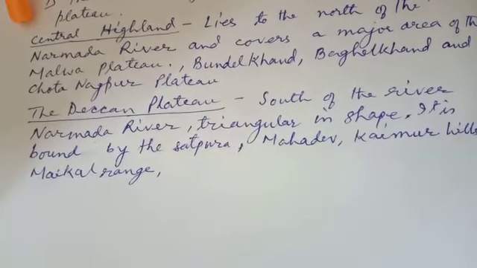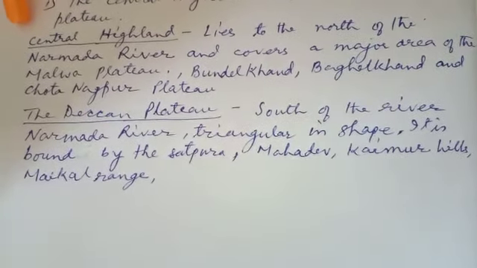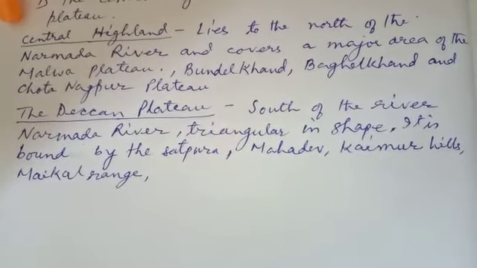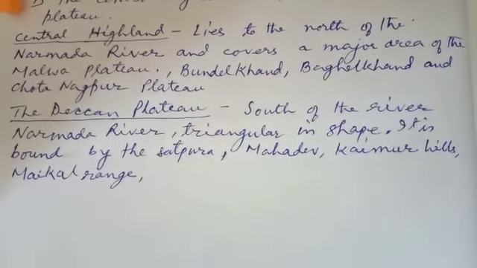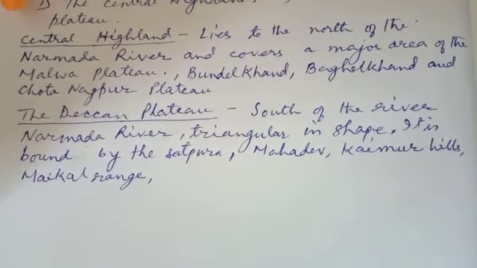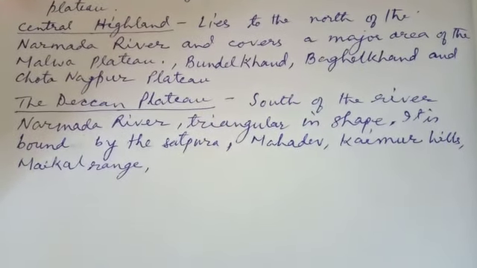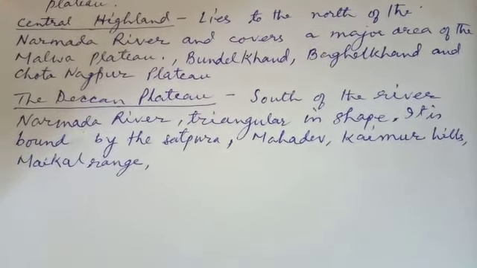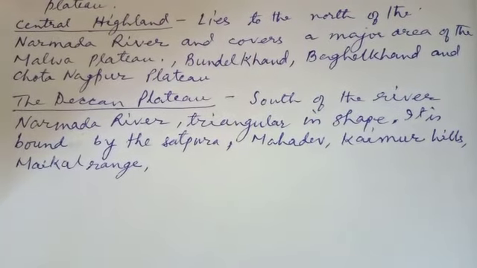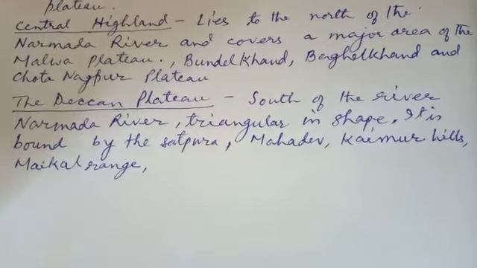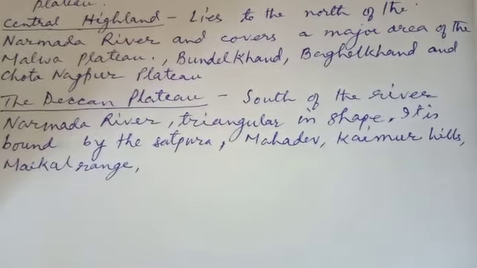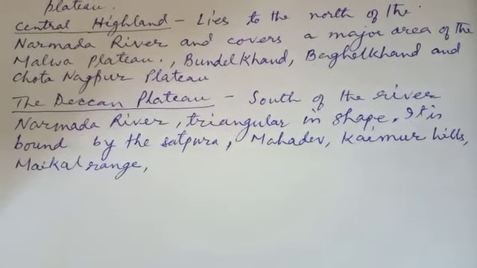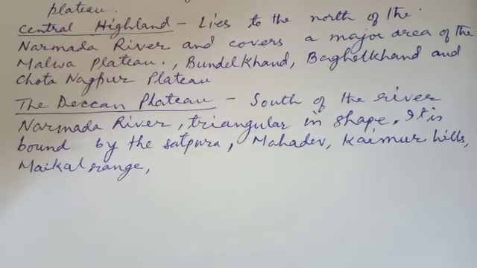The Central region or Central Highland lies to the north of the Narmada River and covers the major area of the Malwa Plateau. It is bounded by the Vindhya range on the south and the Aravalli range on the northwestern part, and towards the west it merges with the desert or Thar desert of Rajasthan.